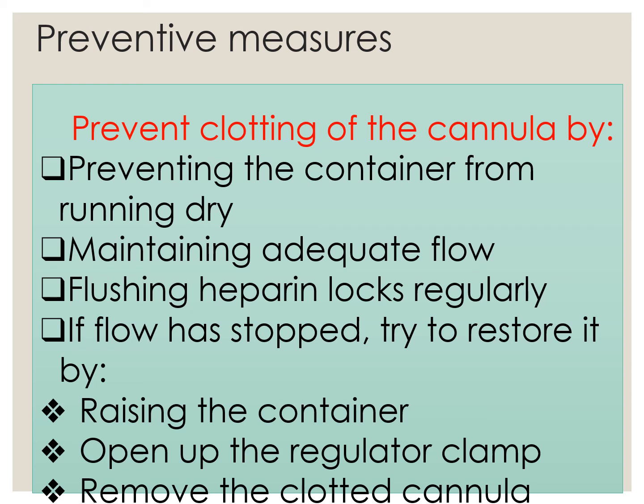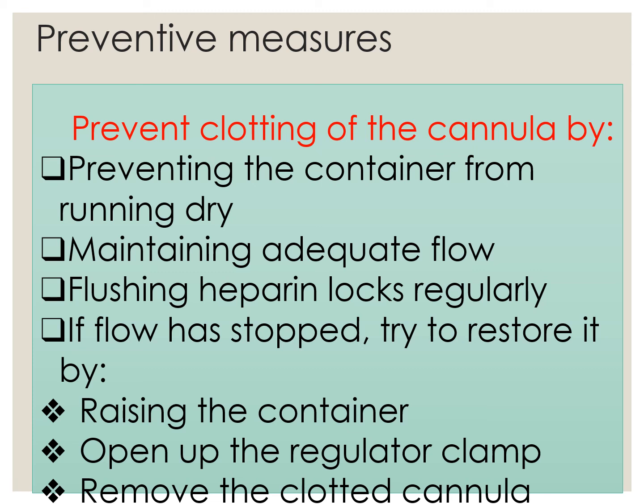You have to maintain adequate flow, and also maintain patency of the cannula. Flush heparin locks regularly. If flow has stopped, then try to restore it by raising the container, opening up the regulator clamp, or removing the clotted cannula.